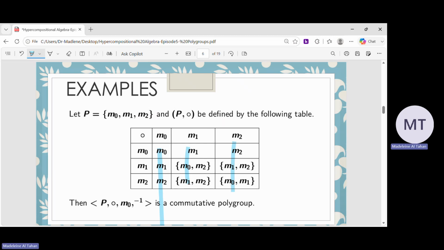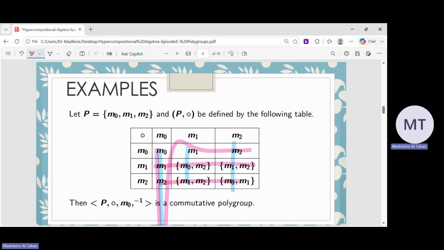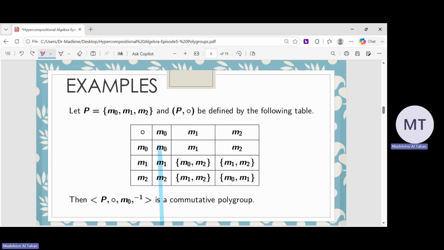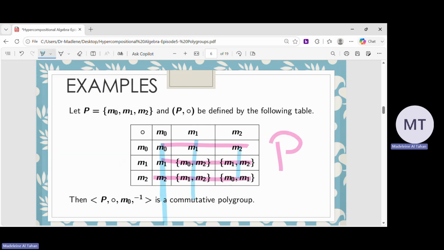In each column, the elements that we have are elements of the set P. And in each row as well, the elements are in the set P. So it is a hypergroupoid. Now let's examine the reproduction axiom. Each row contains the set P, and each column contains as well the set P. So the reproduction axiom is satisfied.